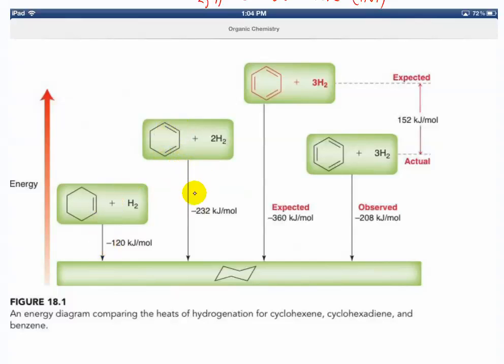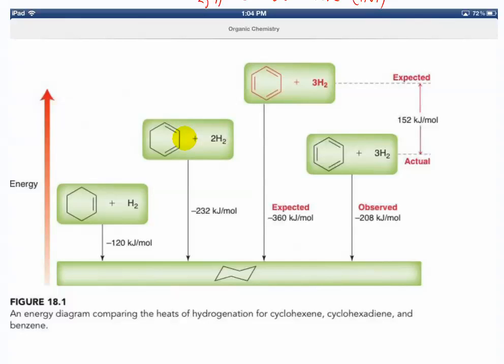Cyclohexadiene, we would expect about 240. Why do we see 232 instead? Because of what? Yeah, but why isn't it exactly double this? Why is it a little bit less than double? Right, exactly. It's conjugated, and we talked in the last chapter about how that makes it a little bit more stable.